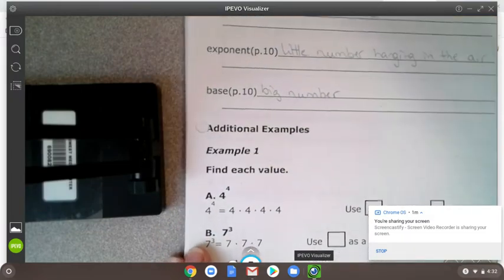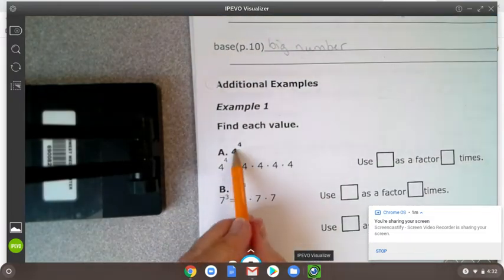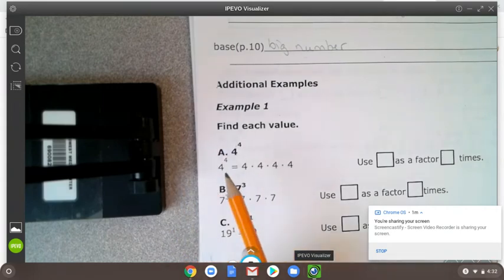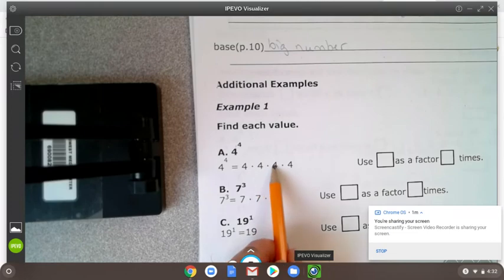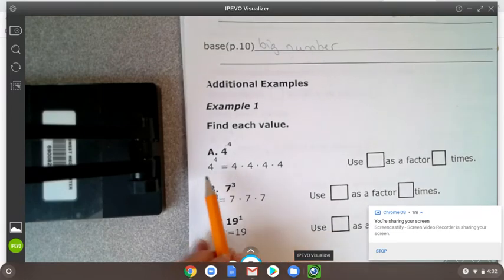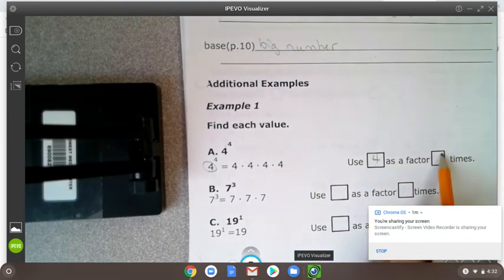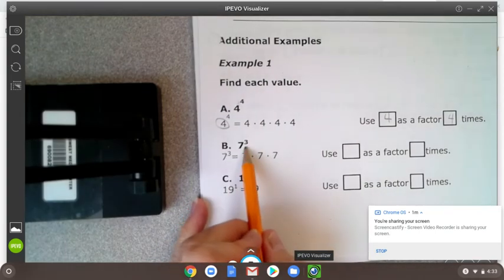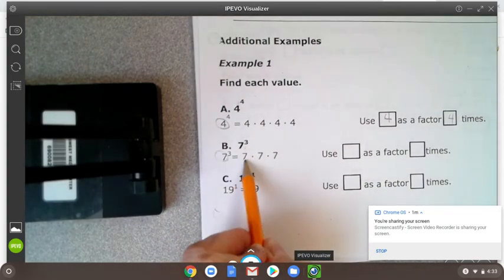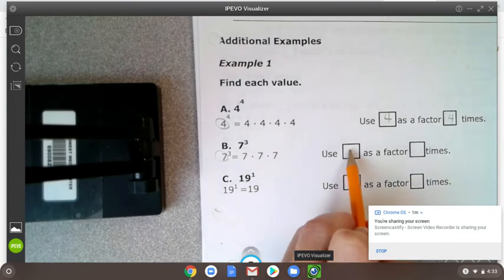Down here we have 4 to the 4th power. And what that means is 4 times 4 times 4 times 4. It means that you're using the base 4 as a factor 4 times. Again, 7 to the 3rd power means I'm using 7 as the base.